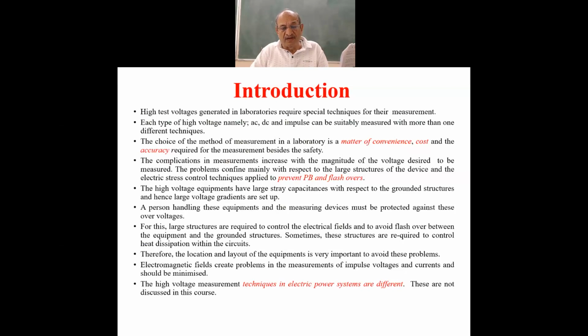So a continuous measurement of variable voltage is needed. That is the prime aim for the measurement of test voltages in the laboratories. So I think we have talked about most of the points mentioned here.